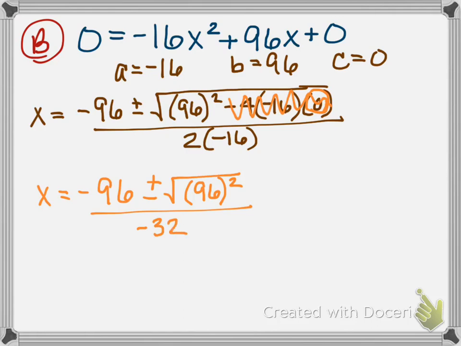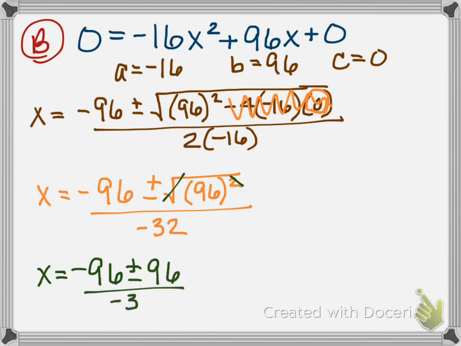So now, again, if you remember, and you could do the math, 96 squared and then the square root of that, but remember, square root and squared undo each other. So this is really saying x equals negative 96 plus or minus 96 divided by negative 32. And we can set up our two equations from here.